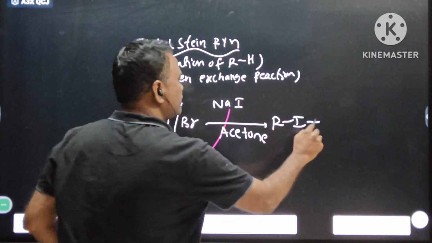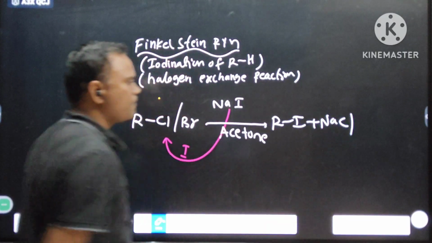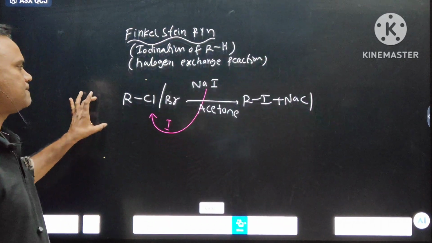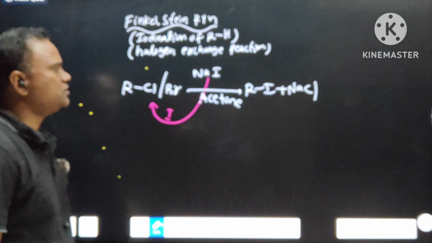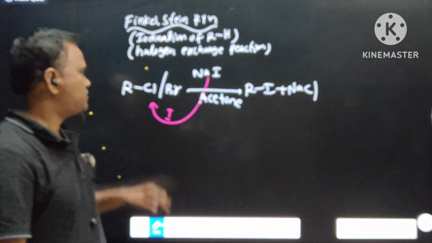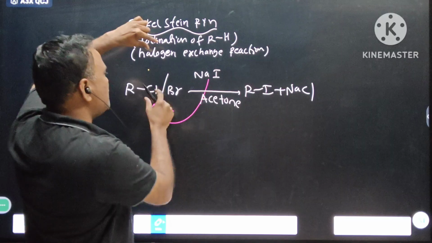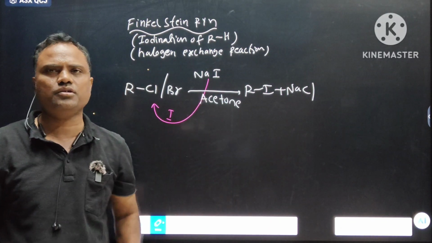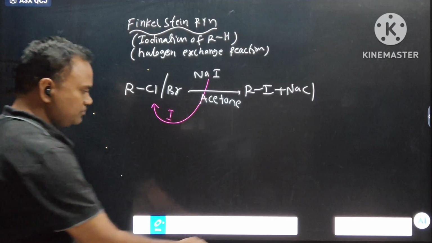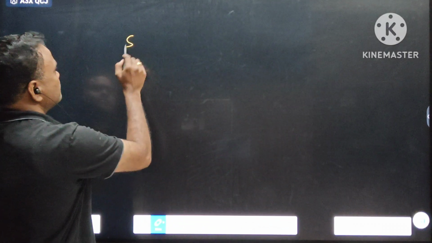So we get RI and the byproduct is NaCl. This is for iodination. See, one halogen is removed and another halogen is substituted or attached. So this is called a halogen exchange reaction. Next is the Swarts reaction.